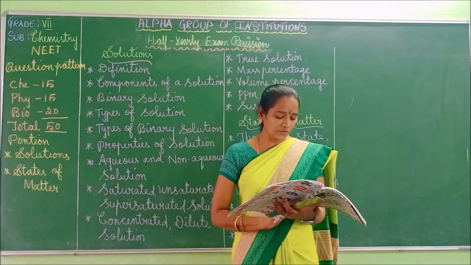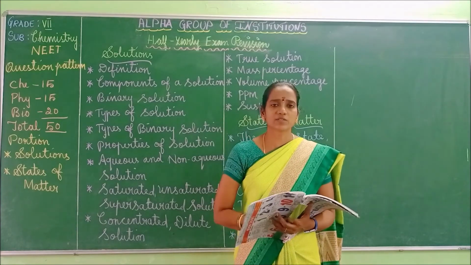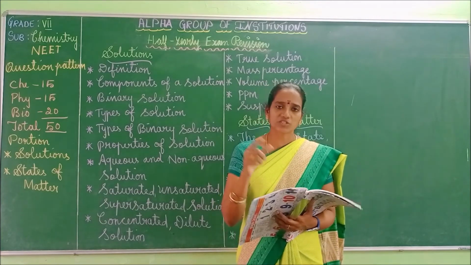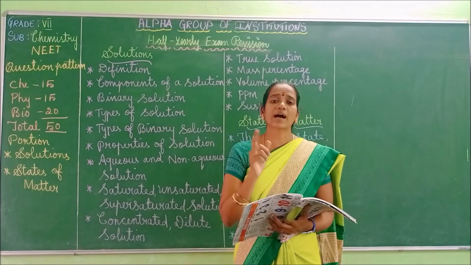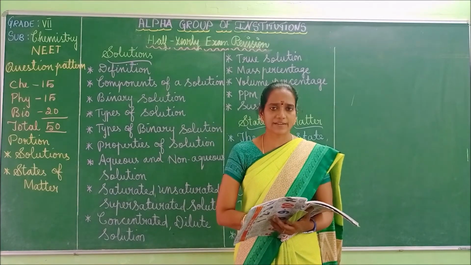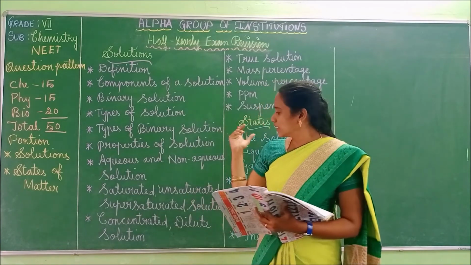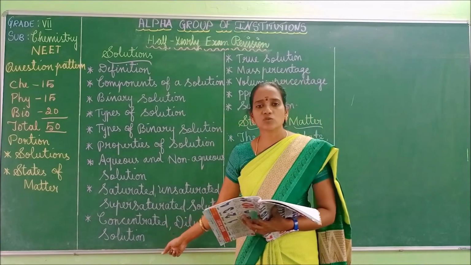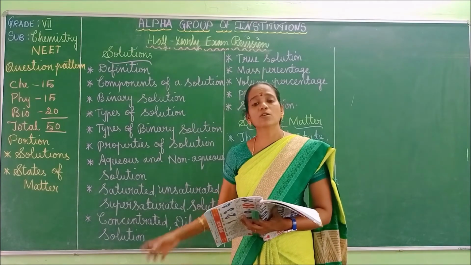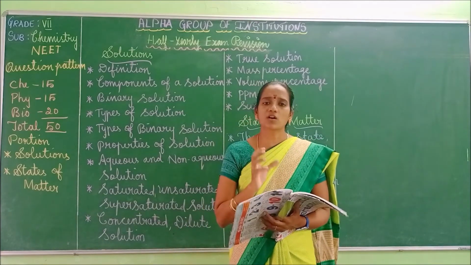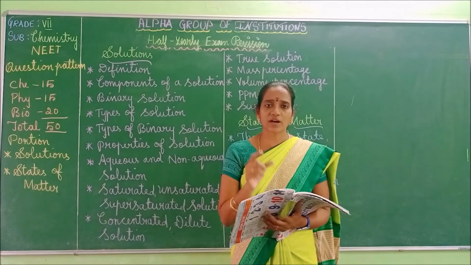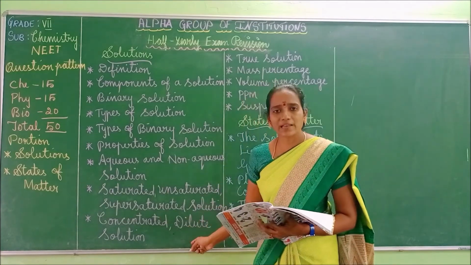Next one, you have to concentrate on aqueous solution, non-aqueous solution, and then saturated solution, supersaturated solution, unsaturated solution. All these things you have to concentrate on. Next one is concentrated and dilute solution. Concentrated means the solution which contains more solute, that is called concentrated, whereas less solute means it will come under the category of dilute solution.